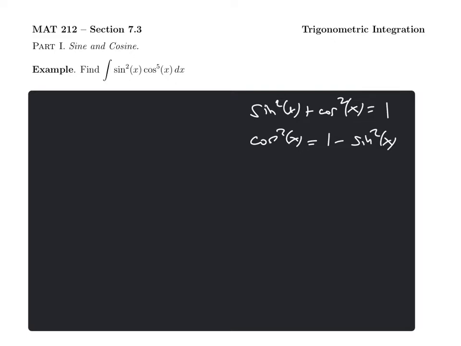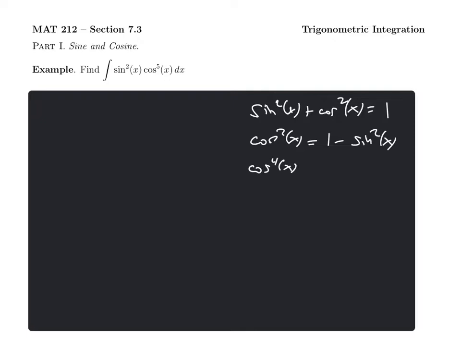So that means that if I have even powers of sines or cosines that I'm trying to substitute, I can replace those with expressions involving the other function. So in this case, once I have this identity, I can derive other identities for other even powers. If I want to know what cosine to the fourth is, please be careful that you don't just say it's 1 minus sine to the fourth.